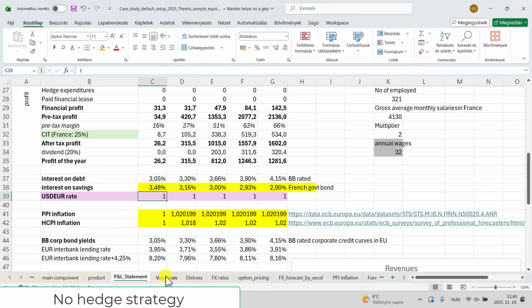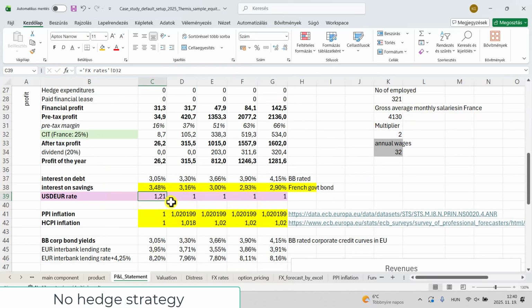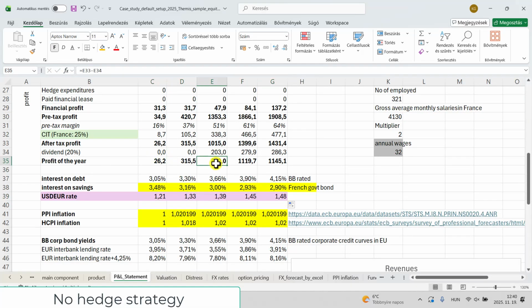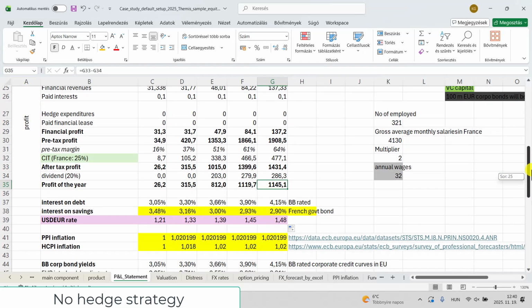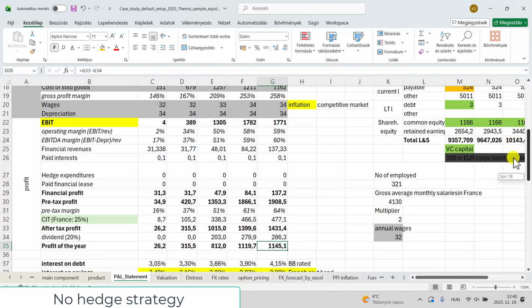Then we have to check that if I say this one equals foreign exchange rates, the strong case, here in the first 3 years, because I have no exposure, nothing should change. But after that it should change, because the profit will move in one direction.